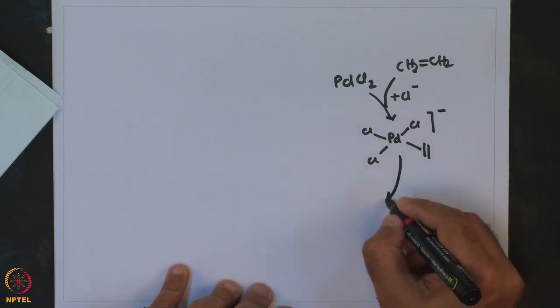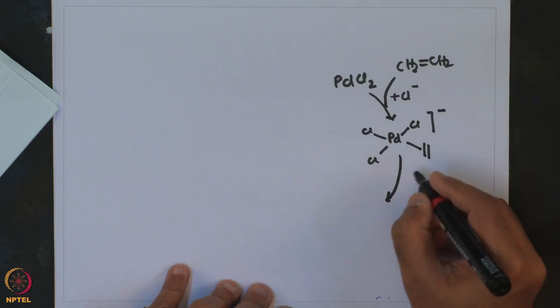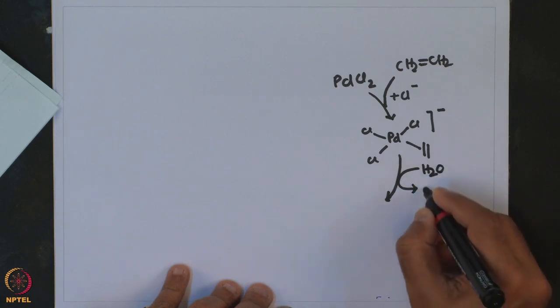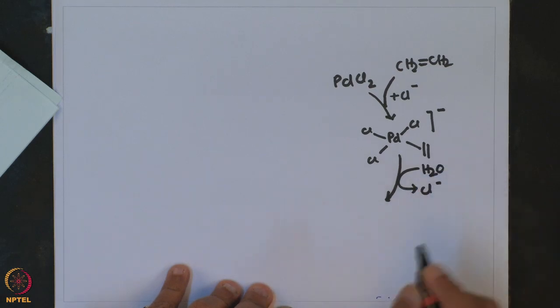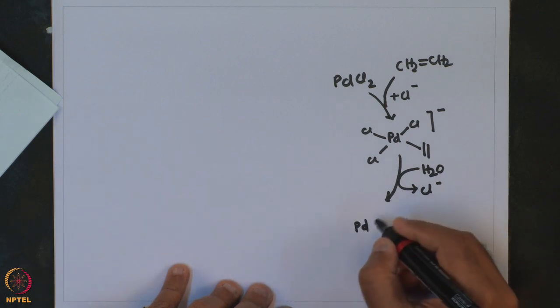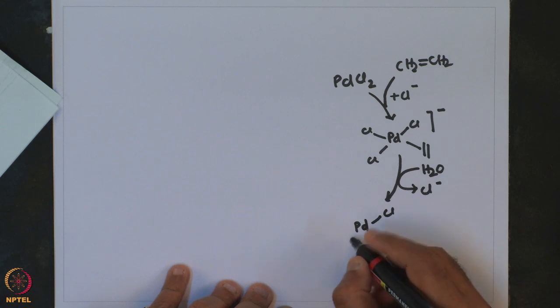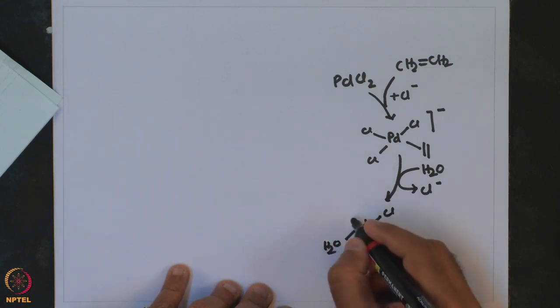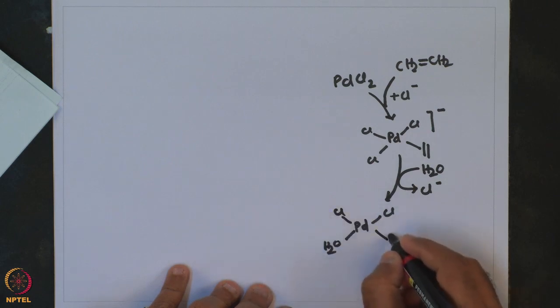The next step is water getting added and Cl being eliminated to give this aqua coordinated complex, PdCl, olefin, OH2.